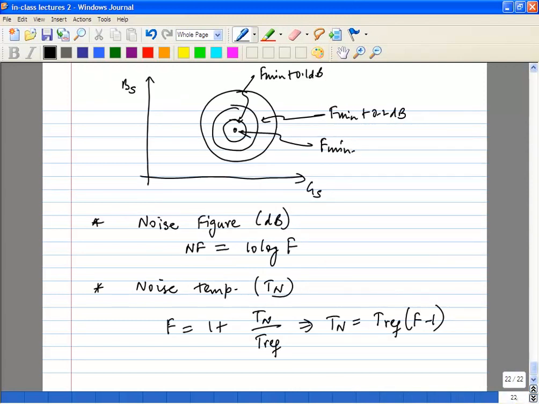Second, if F is 1, what is Tn? 0 Kelvin. That also makes sense, because if you don't have any noise at all, then the increase in temperature is 0.